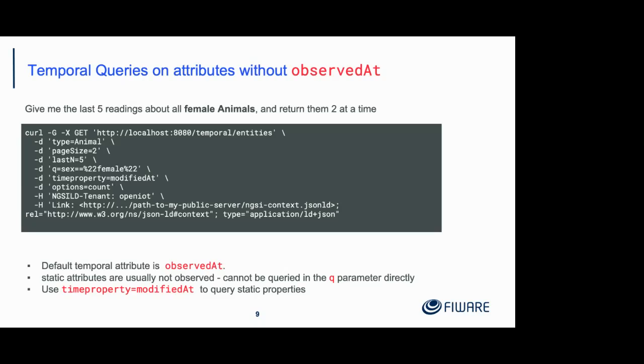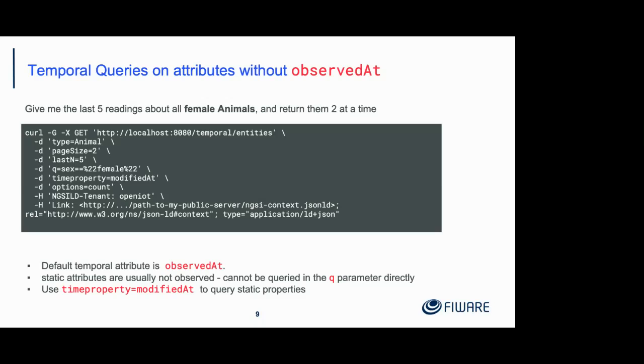And if you have something like sex, which is not being observed, it's not changing values over time with supplying an observed at, you need to add in a time property. Time property will either be created at or modified at. Created at will give you the first one, so obviously it's not changing much. Whereas modified at isn't, strictly speaking, what it means.